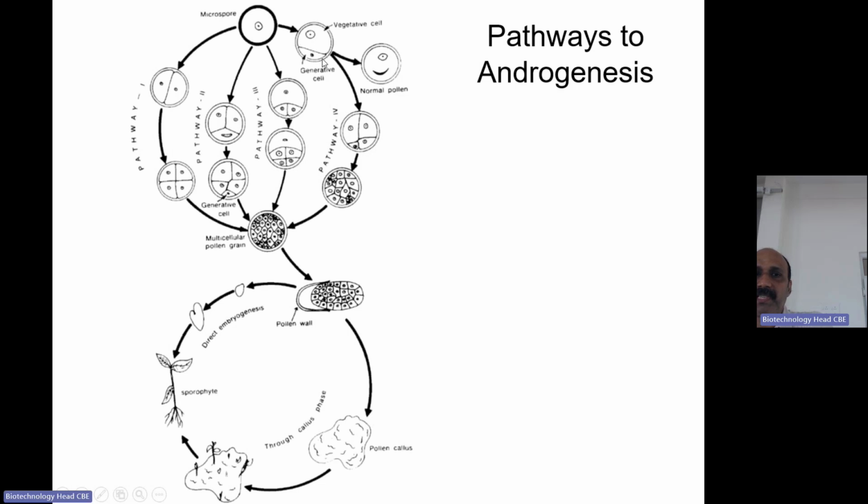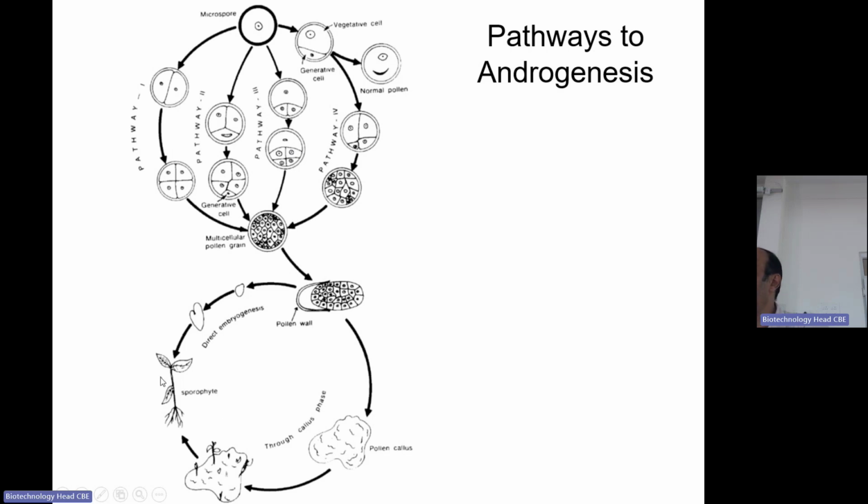So both the generative cell and the vegetative cell divide to give rise to many cells of unequal sizes, which give rise to multicellular pollen grains, and this can give rise to direct embryogenesis or, through the callus phase, indirect embryogenesis. So these are all the four pathways by which the pollen grain, starting from the microspore, can give rise to an entire plant.